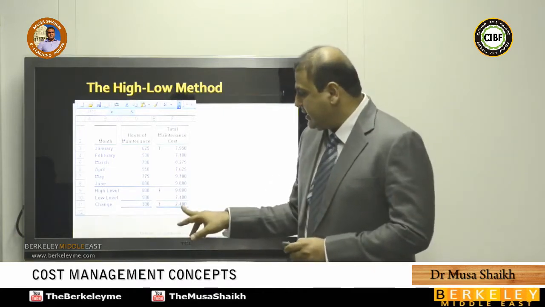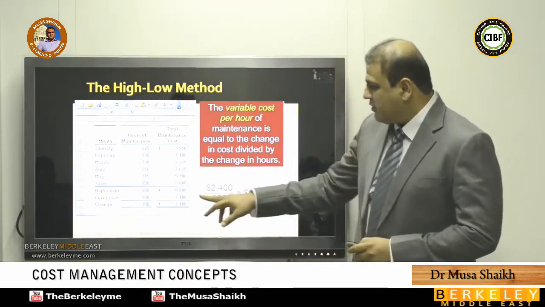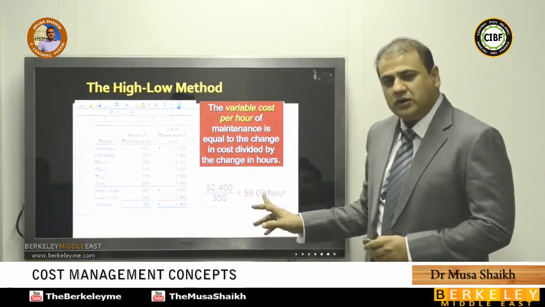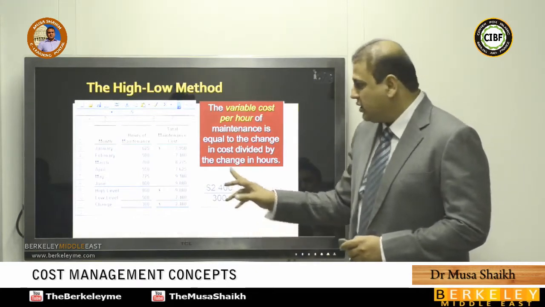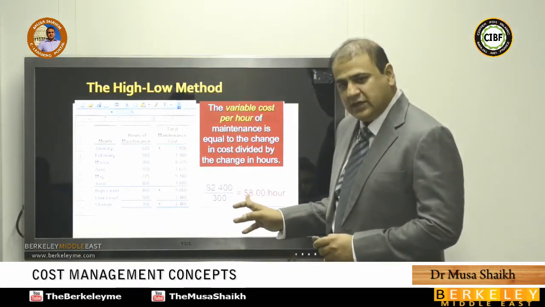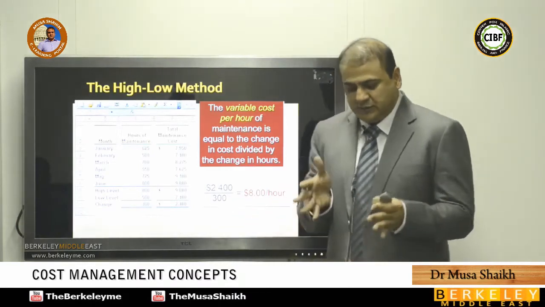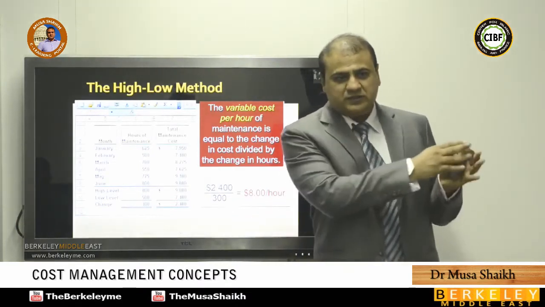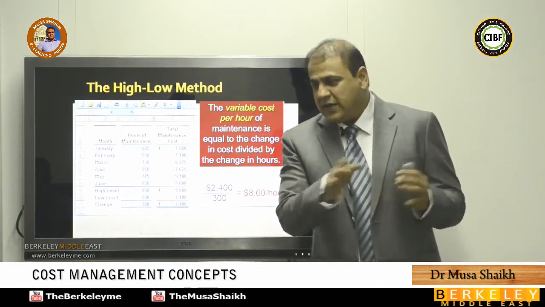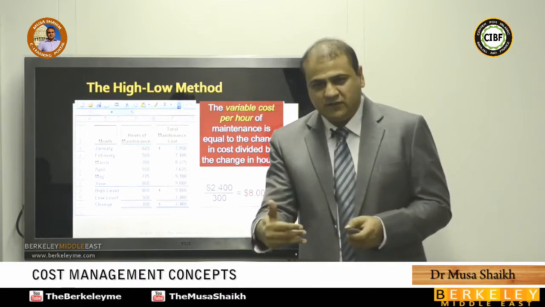So if you divide this total cost by the number of units, you will get the variable cost per unit. Now you have a total cost, you have variable cost, right? Fixed cost plus variable cost is total cost. If you have total cost and variable cost, by subtracting, you can get the fixed cost.